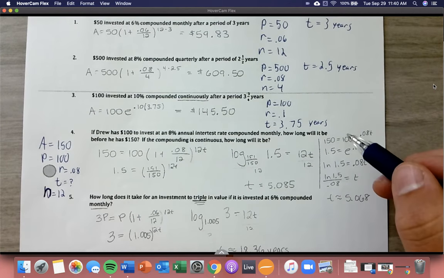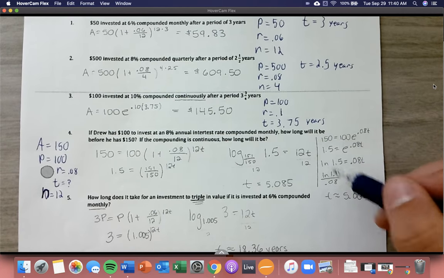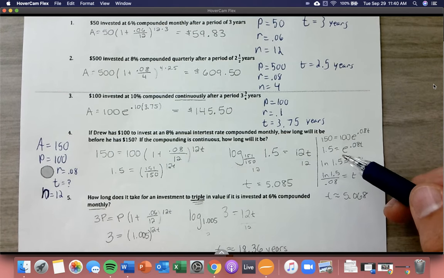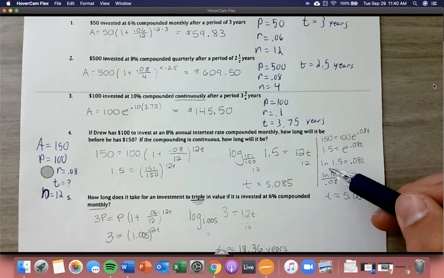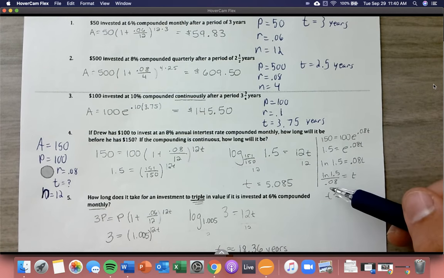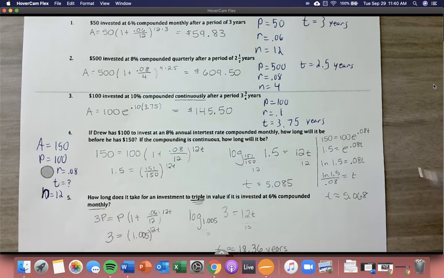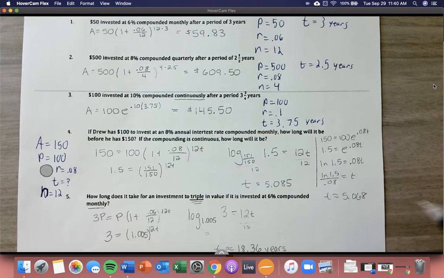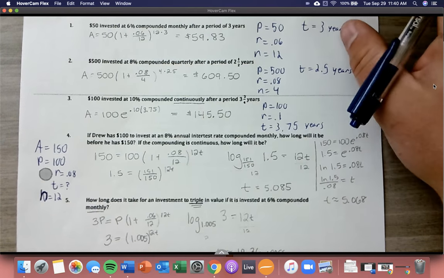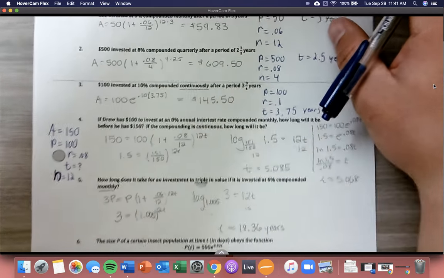So we plug in all the values, we divide the 100 over, and when we convert it, remember it would be log base e, but log base e is just natural log. So natural log of 1.5 is equal to 0.08t. We can divide the 0.08, and we end up getting that the time is just about 5.068. And remember, time in this case is years. All right, so moving on to number 5 here.